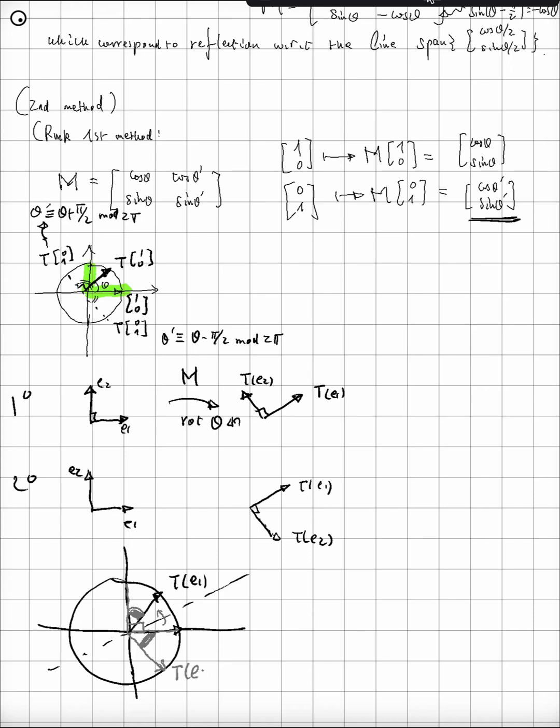This corresponds to your TE2, this is your E2, E1. And this corresponds to the reflection. This gives the classification of the two kinds.